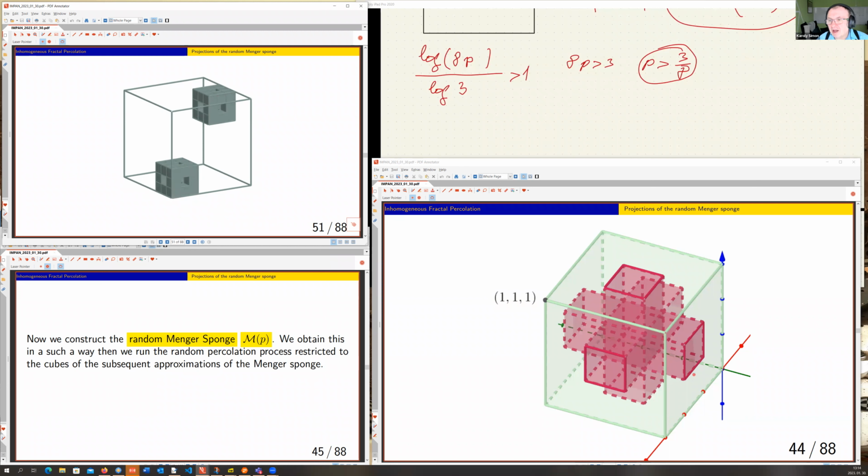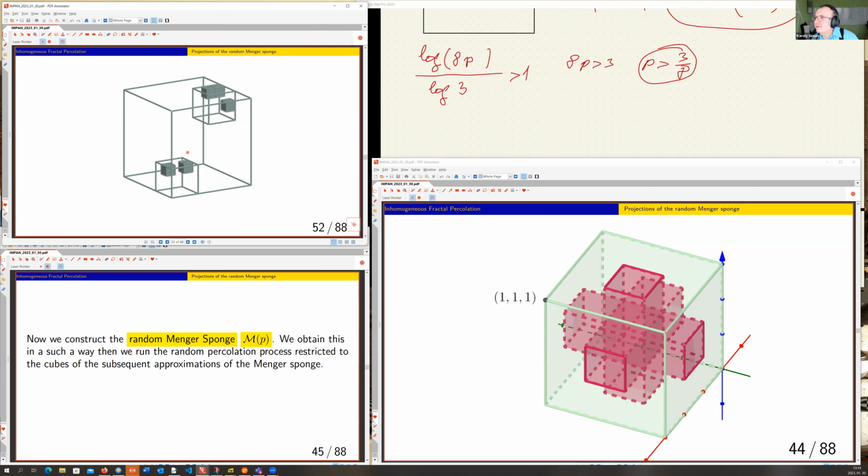We remove the scaled Quasimodos in each of them, and yet again we flip the coin, and let me say we end up with this, and we repeat this process. So this is going to be the random Menger sponge. Do you have any question about the definition of the random Menger sponge?